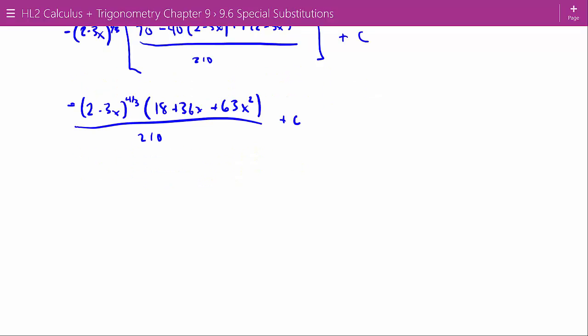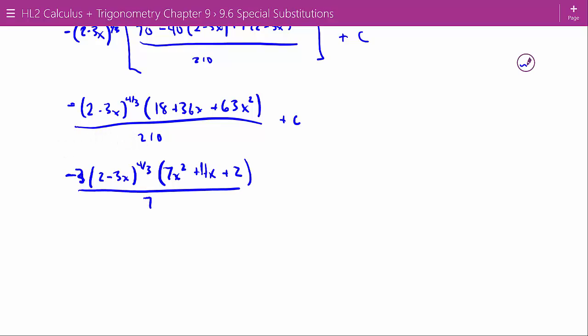The nice clean version simplifies to negative 3 times (2 minus 3x) to the 4/3 times (7x squared plus 4x plus 2), all over 70, plus c.